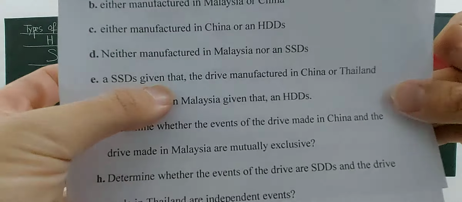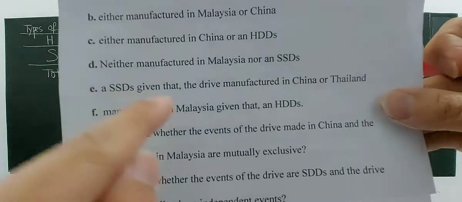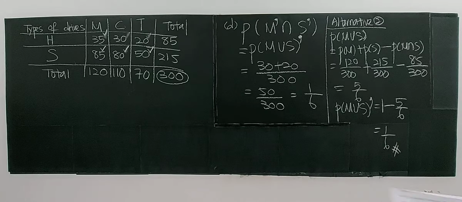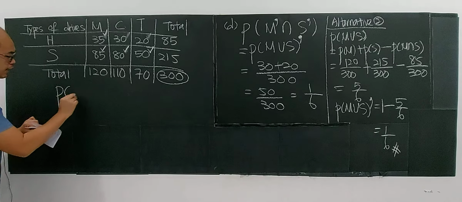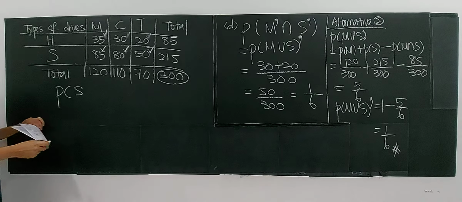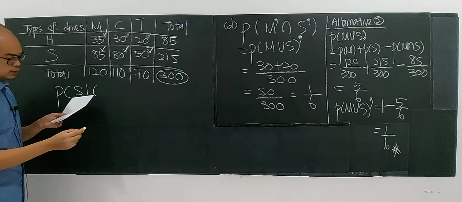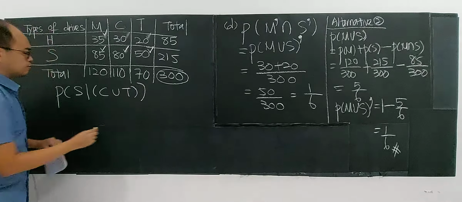Given that is a conditional probability. So it is an SSD, given that it is from China or Thailand. Very simple.